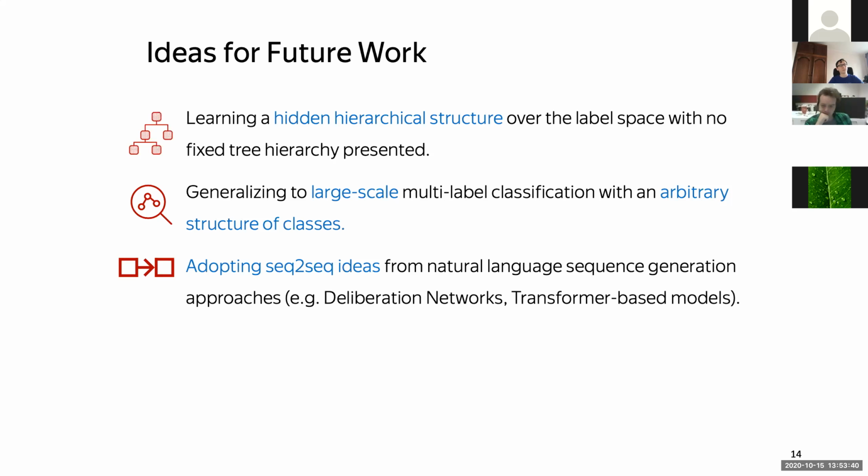In these fields, many interesting ideas have already been proposed, such as deliberation networks, and using, for example, pure transformers as a decoder model. It would be interesting to see how these techniques work in the multi-label text classification problem setting.